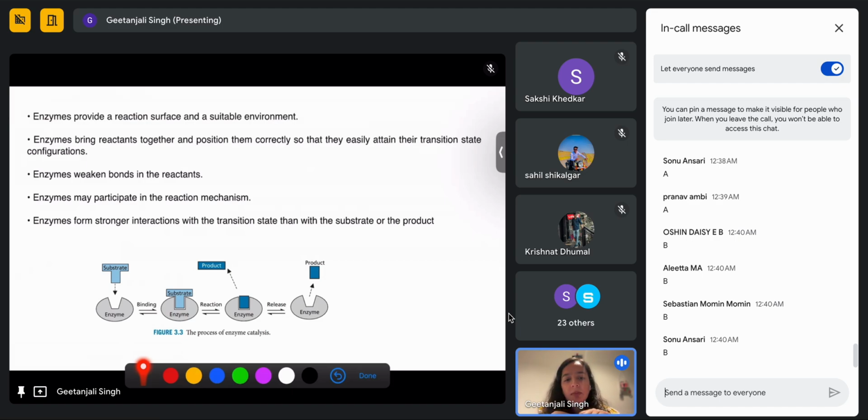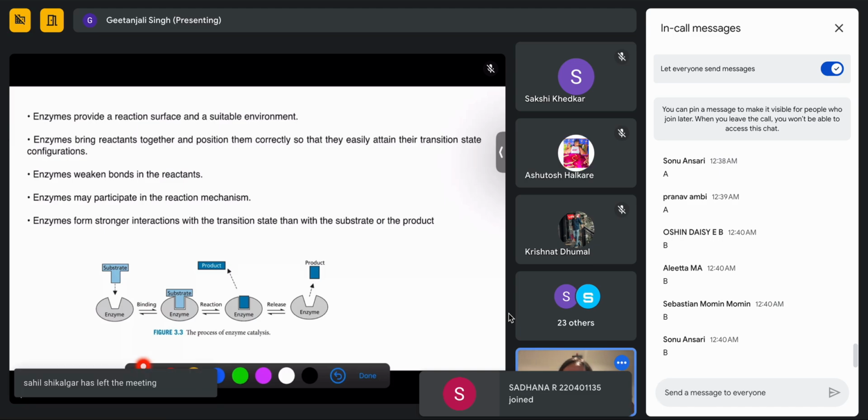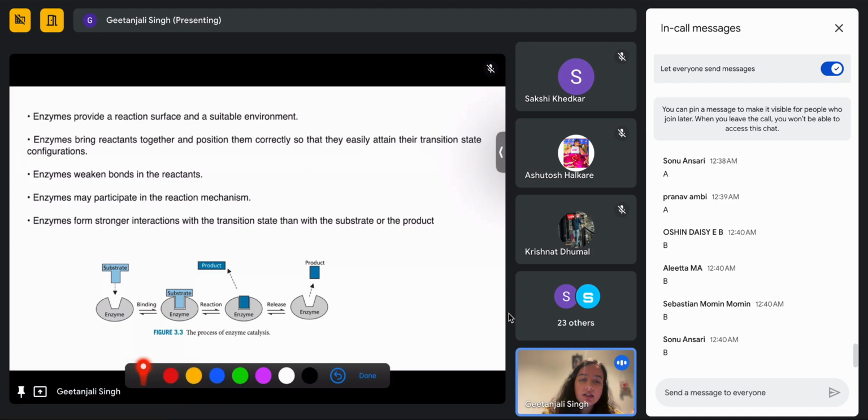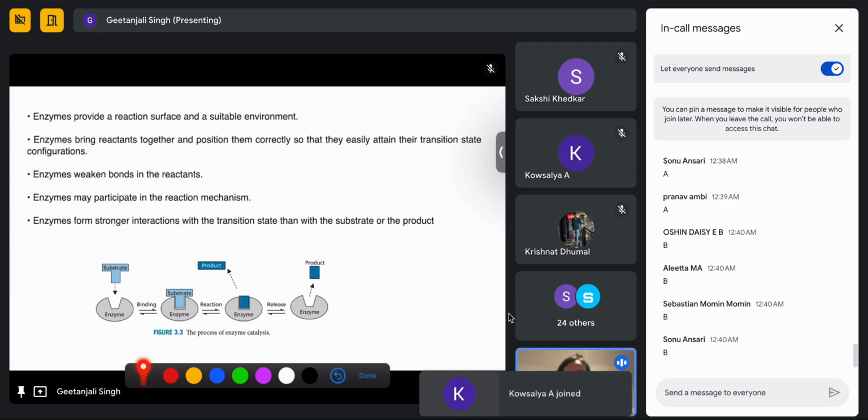But there were many cases in which people saw that the active site is not fixed, there is no fixed conformation for the active site. So let's discuss this, and then we'll discuss the induced fit hypothesis. The enzyme, along with its active site, is sitting there.